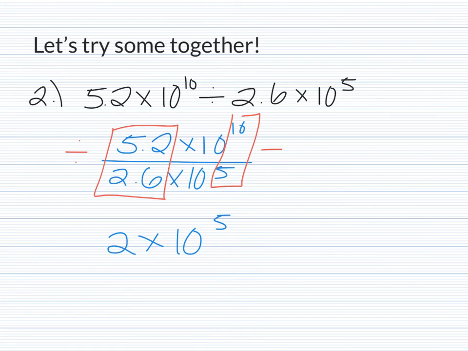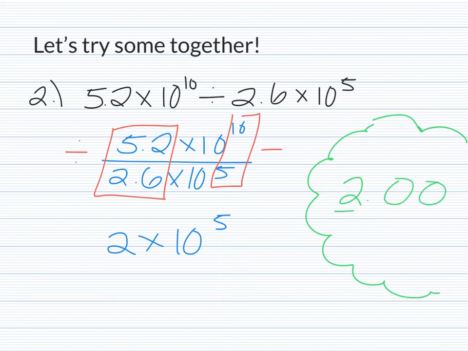And so if we were going to write this in scientific notation, and I'll just put a little bubble over here, it would be 2.00. So we don't have to have the zeros if we don't want to. So is this answer already in scientific notation? It is. So I just circle my answer and I know that I'm done.